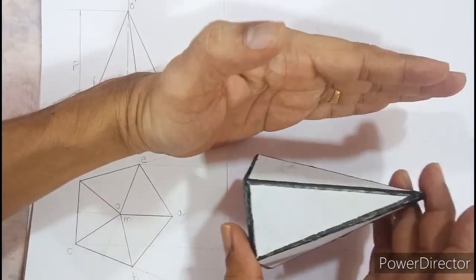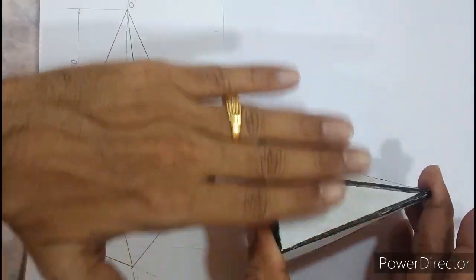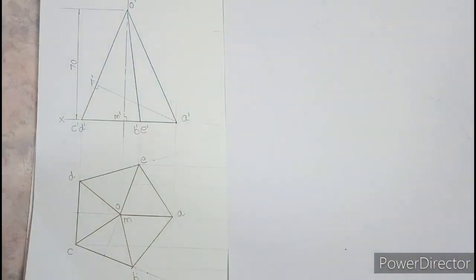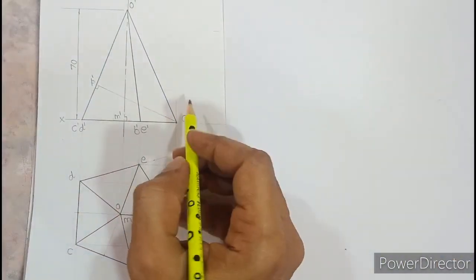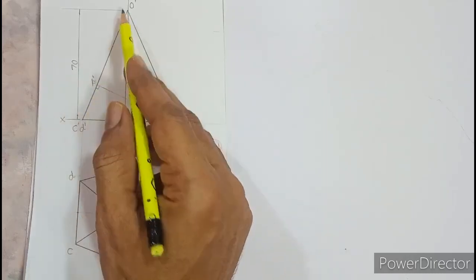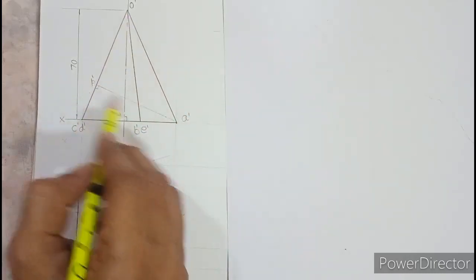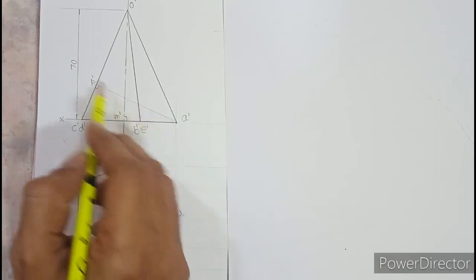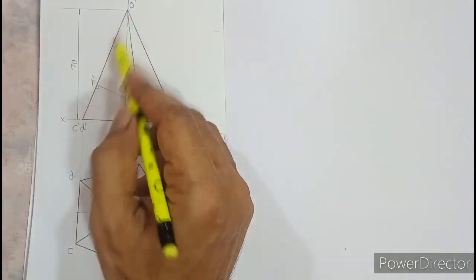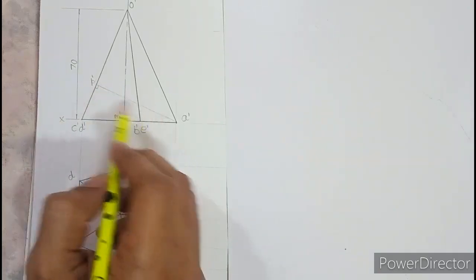Suppose my hand is the vertical plane, so this triangular surface, when you extend it, has to be perpendicular with VP. So now the concept comes back again. If you want a point on XY and the opposite line to be horizontal, you need to draw a perpendicular A dash P dash. If OCD is a horizontal line, the perpendicular has to be vertical.